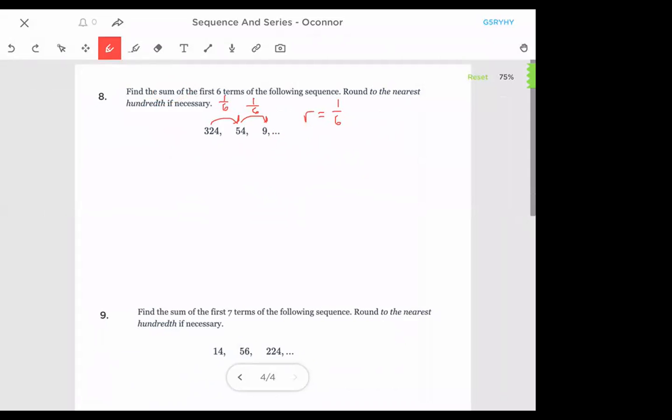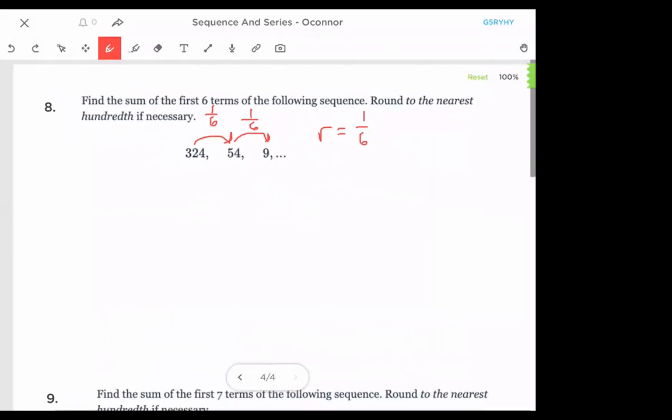So I'm using, from the first page again, the geometric series formula. So I'll just rewrite that here so I don't have to flip back and forth. S sub n is equal to a sub 1 minus a sub 1 r to the n, over 1 minus r. The equation is the geometric series.